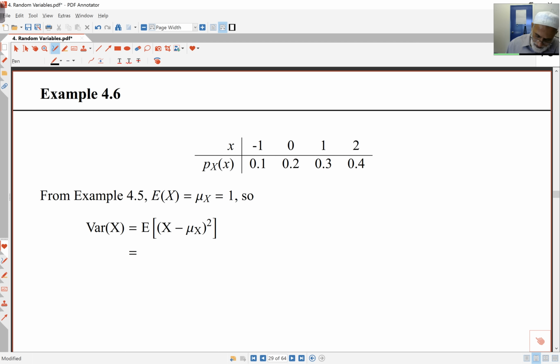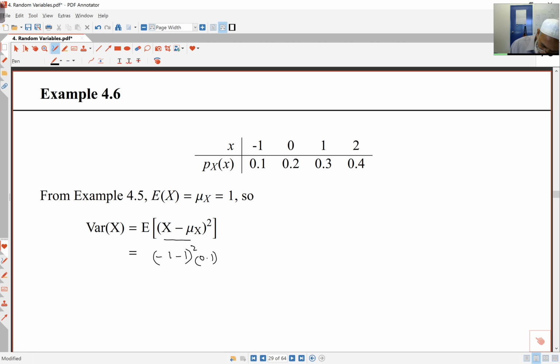As an example, here's the random variable I saw before. We had E of X, the mean, equal to 1. If I want the variance, it's x minus the mean first. So it's negative 1 minus the mean, squared, times the probability 0.1.